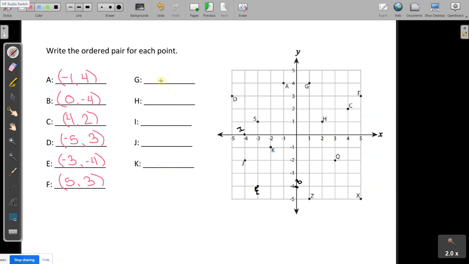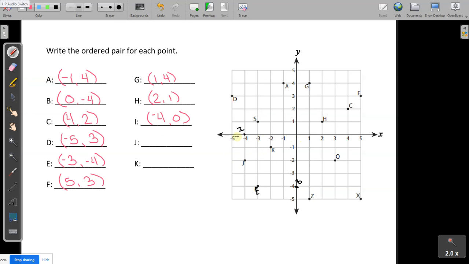Okay, let's check it. Let's check G. G is right here. Our x value is 1, and our y value is 4. H, right here, our x value is 2, and our y value is 1. I is right here. Our x value is -4, and we're not moving up or down any, so it's 0.